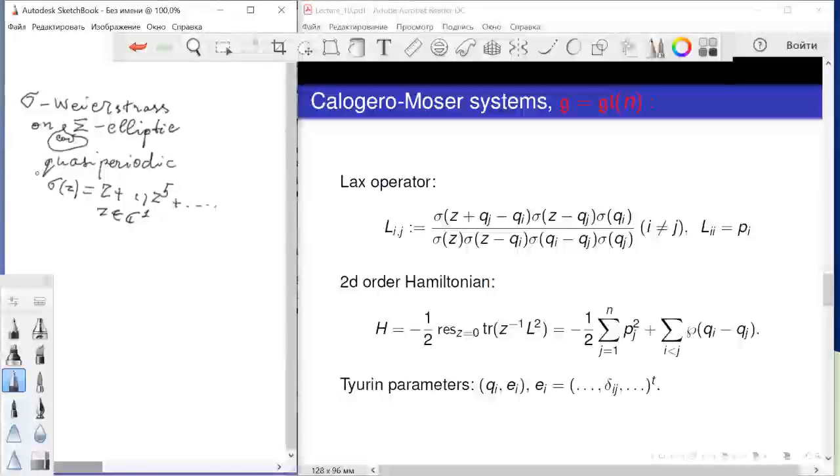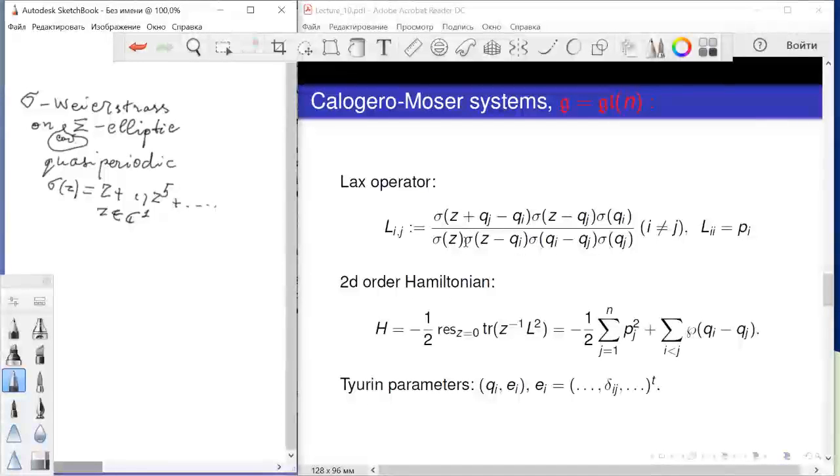And see these factors of quasi-periodicity there, then you will see that Lij is already a well-defined function on the elliptic curve.